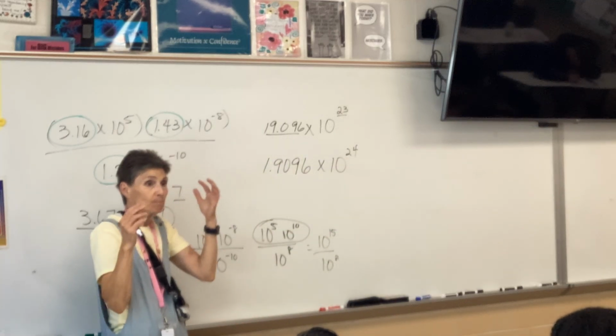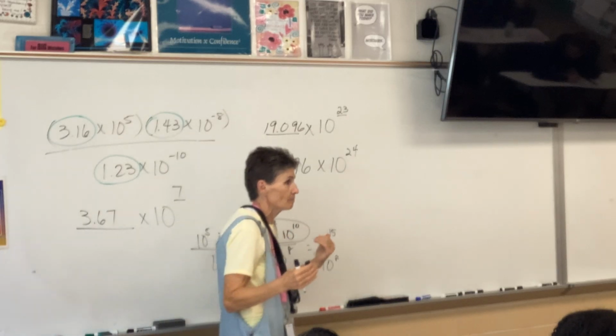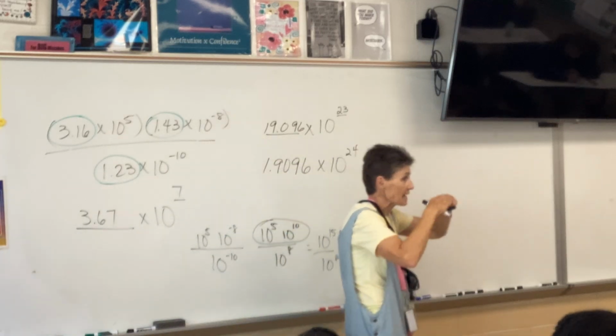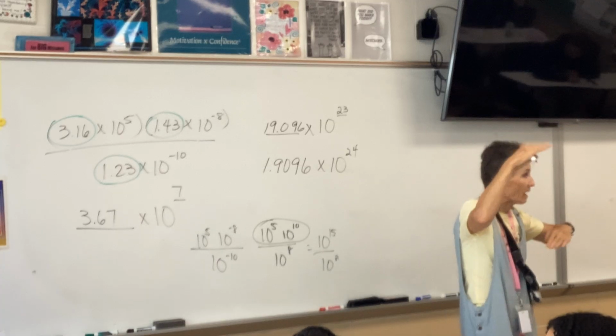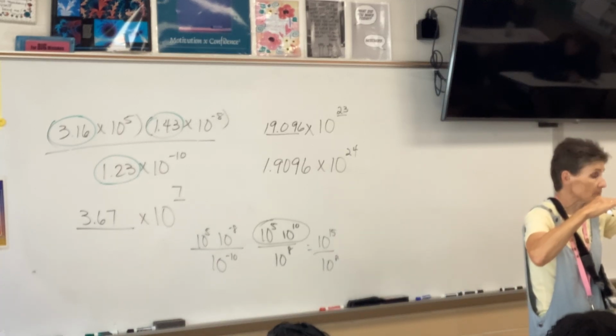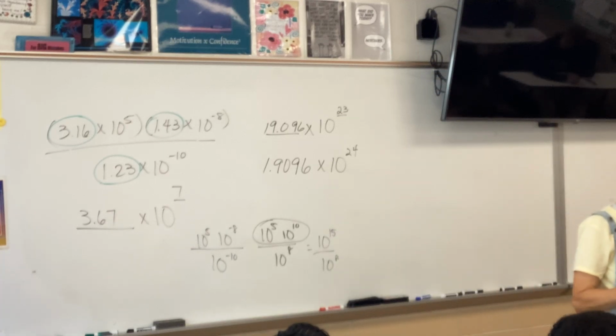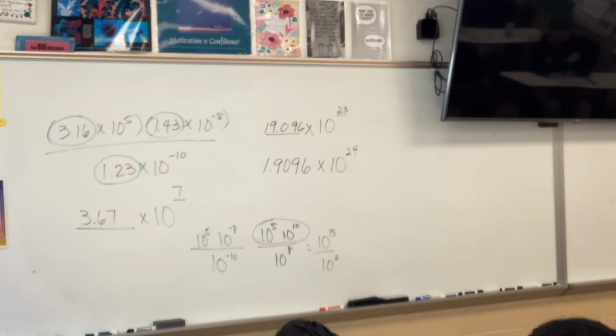If you made both parts smaller, then you're gonna get a smaller number. To keep the same number, it would balance it out. So I went from 19 to 1.9. That's getting smaller. That means my exponent had to get bigger.